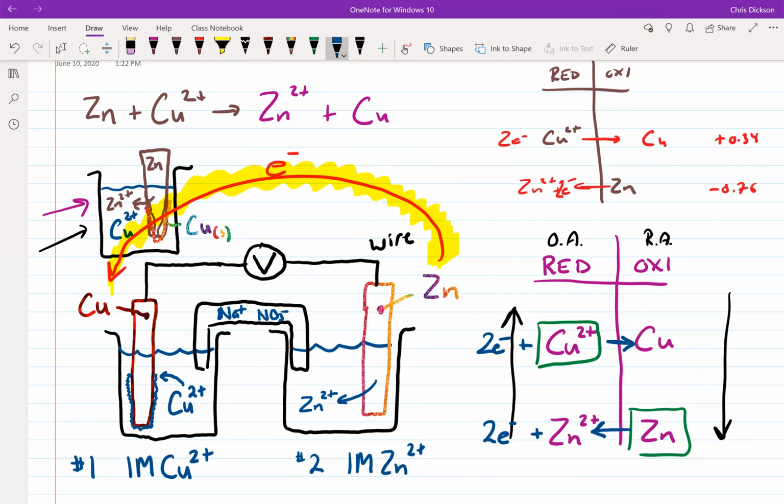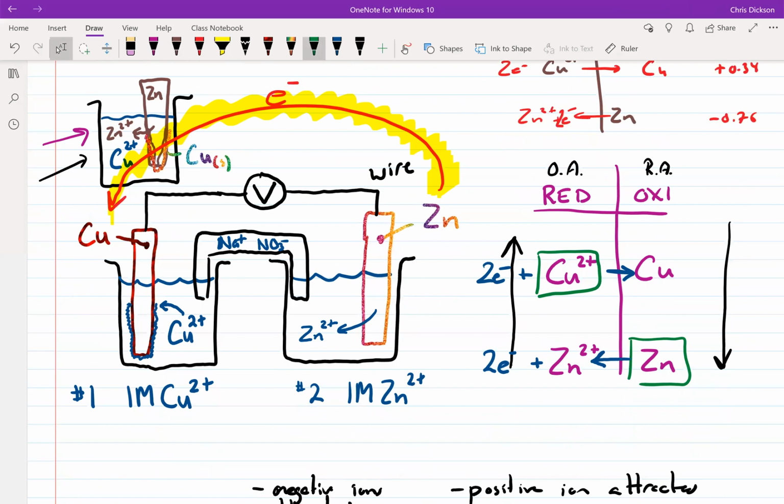Well, as the reaction causes copper to reduce, you are losing copper ions from that solution. Now that solution, we talked about this before, you can't just have copper ions floating in there. So that solution might have been made by a chemist adding something like copper nitrate, right?